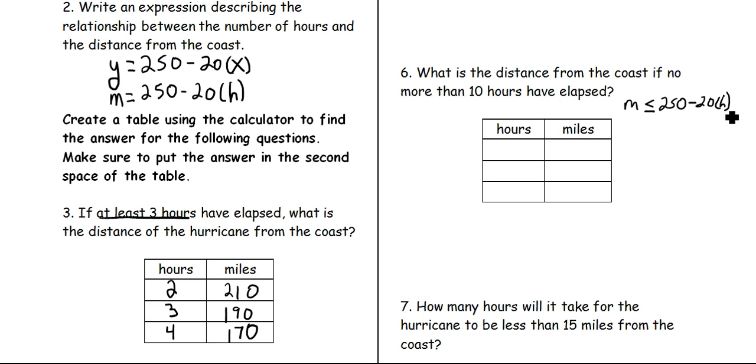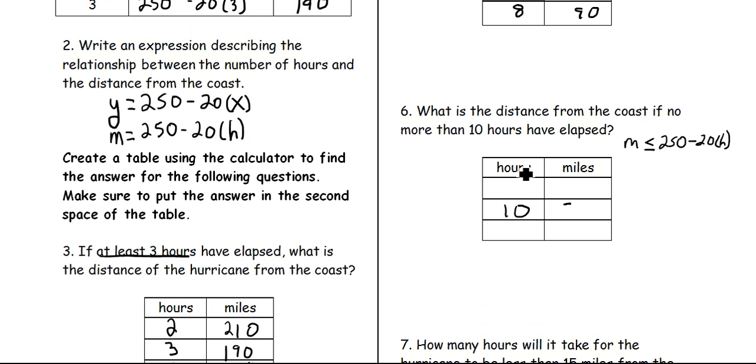So this was 10 hours. So if I do 10 hours, let's see where we were at. So 7, 8, 9, 10. So at 10 hours, we would be at 50. At 9 hours, we're at 70.